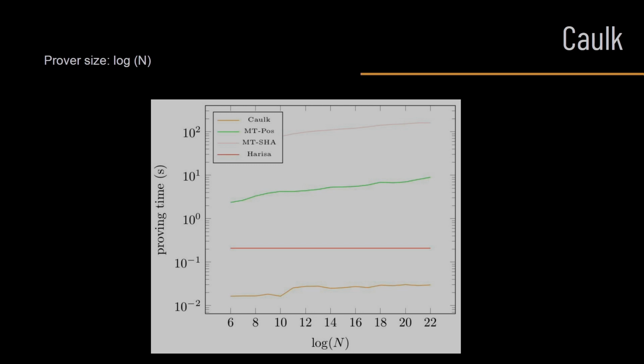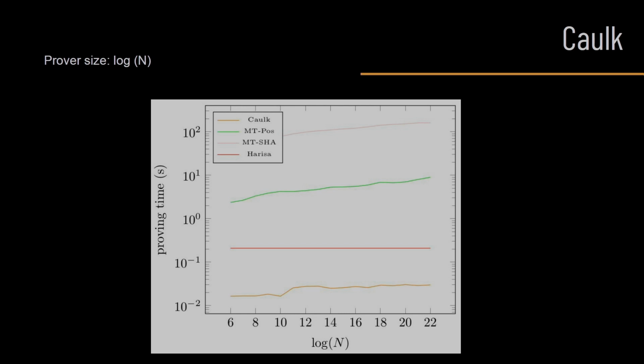We can claim that Caulk performs better than other solutions for basically any practical set. The red line, the second one, the pointer is not really working, but the red line corresponds to RSA accumulators. We said they have a constant prover, so it doesn't really matter how big the set we are working with is.